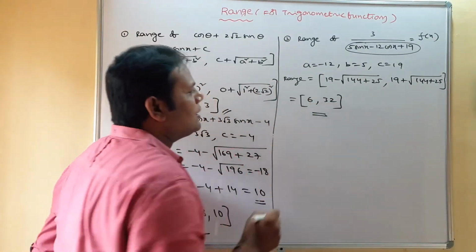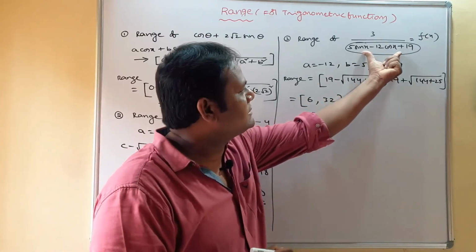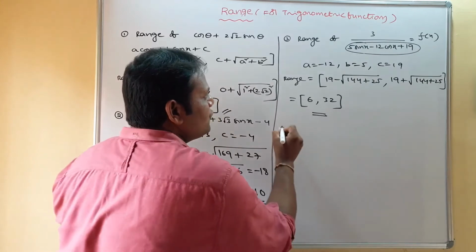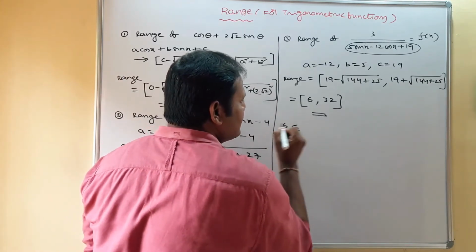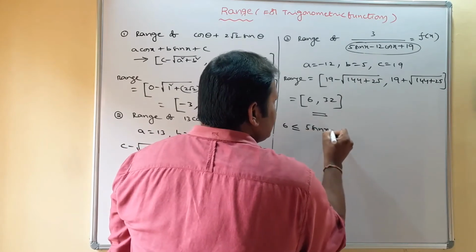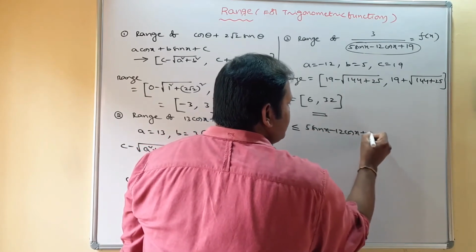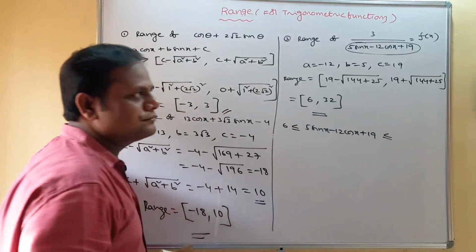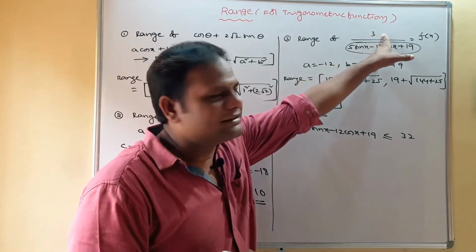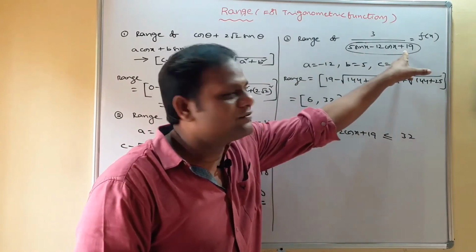So we got the range of only this. It is 6 to 32. So we got 6 less than or equal to 5 sin x minus 12 cos x plus 19 less than or equal to 32. Is it clear? But we want 3 by this function.